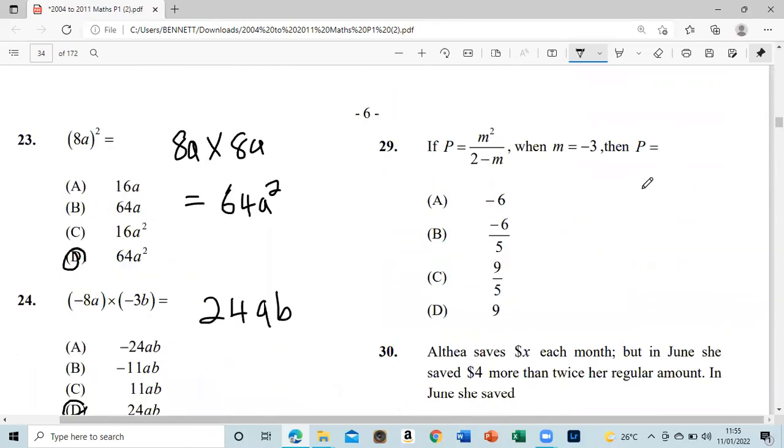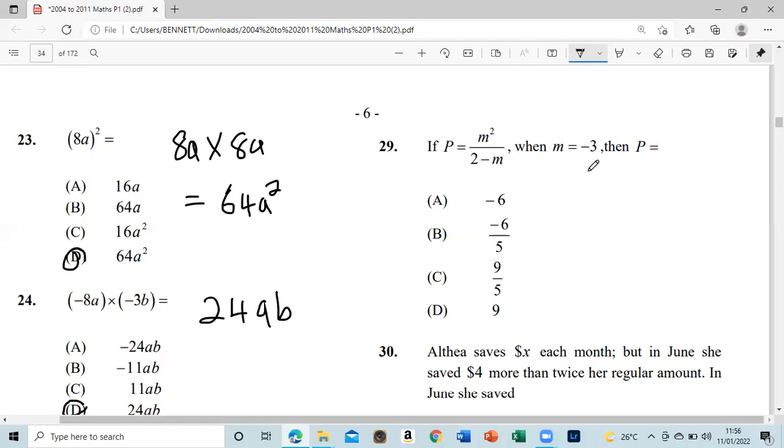All right, so number 29 says, go ahead and try that. If p is equal to m squared divided by 2 minus m, all right, so what did you guys do?